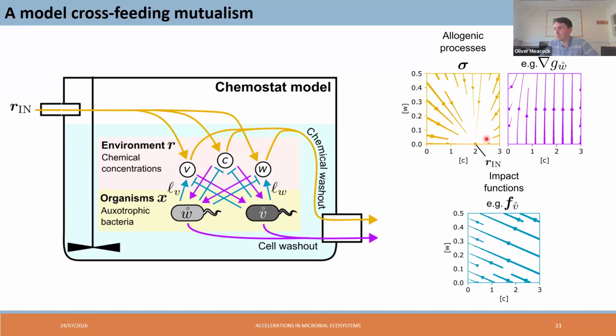These I've not mentioned before, but it's relatively straightforward to understand what these vector fields are telling us. Basically, the system will get pulled towards whatever your input concentration is to this chemostat. In this case, for example, we just have carbon in the influx, and so the system will get pulled towards carbon at a concentration of 2, which is our input concentration. That's why you've got this starburst appearance over here.